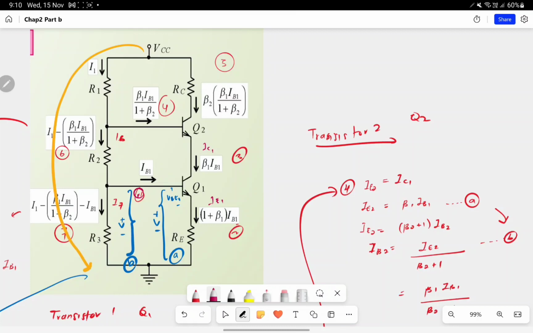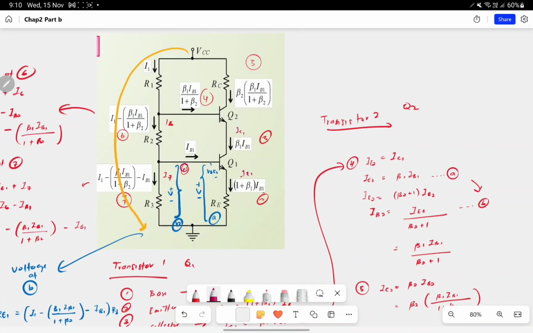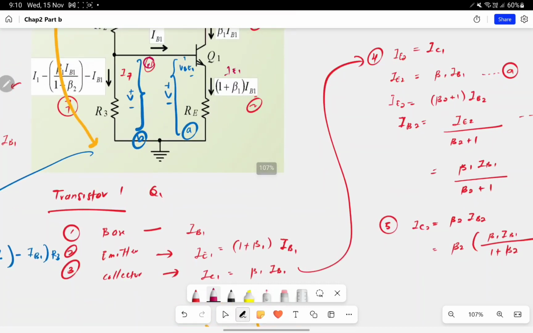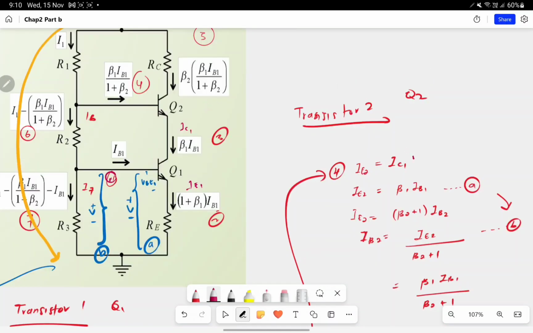As we already know, for the fourth, IC1 is equal to IE2. If you see here, IE2, the current for the emitter of Q2, is equal to IC1.